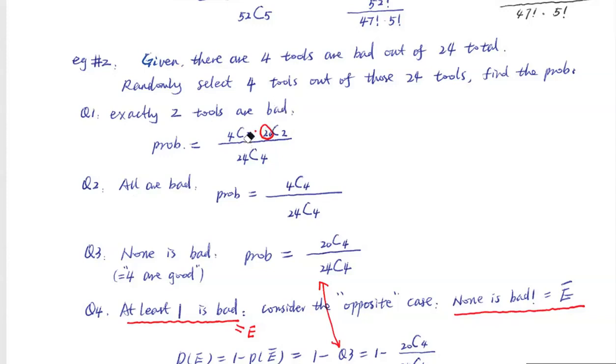We want to select 2 out of a total 4, and those 4 are the bad ones. After we select those 2 tools, there are still 2 tools left, because altogether we want to get 4. And those 2 tools come from the 20 good ones. That's the tricky part.